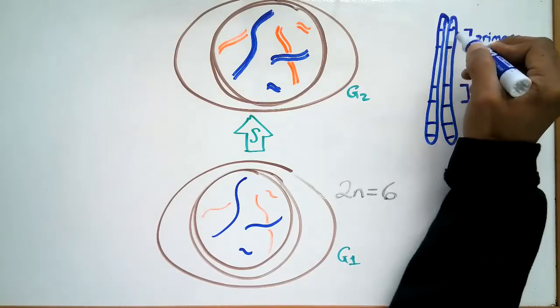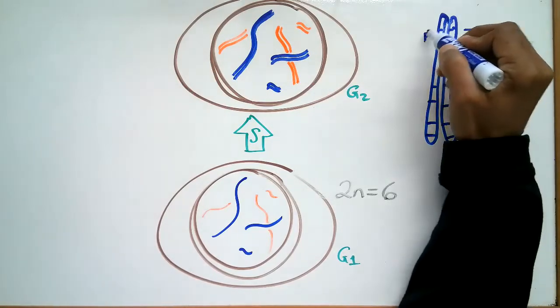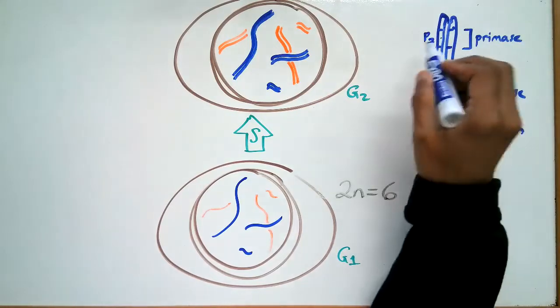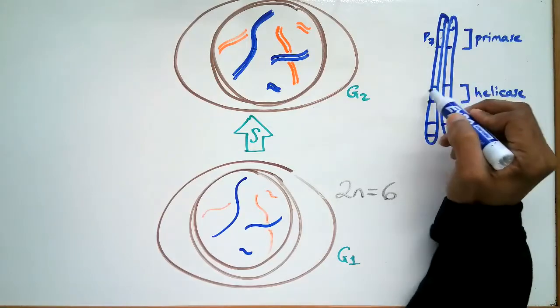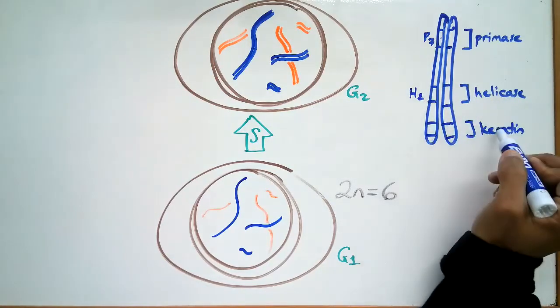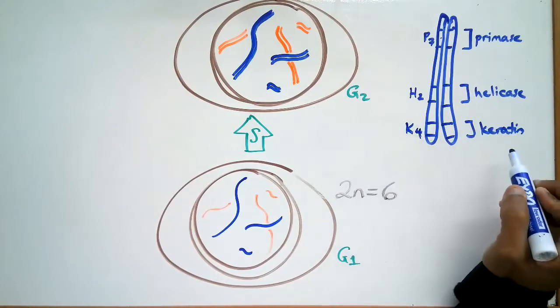Remember, every person is going to have different versions of every gene. So we could say that this right here is P7, like primase allele 7. I'm not going to do capital or lowercase. There's so many alleles. And let's say it has the second allele for helicase. And for keratin, it has the fourth.